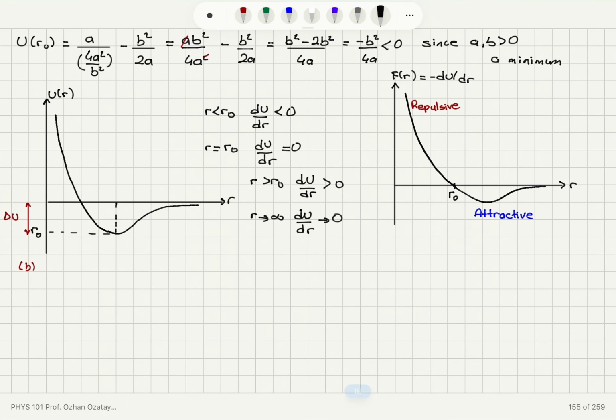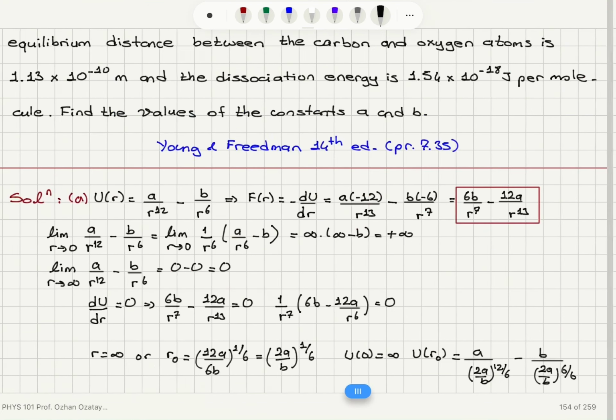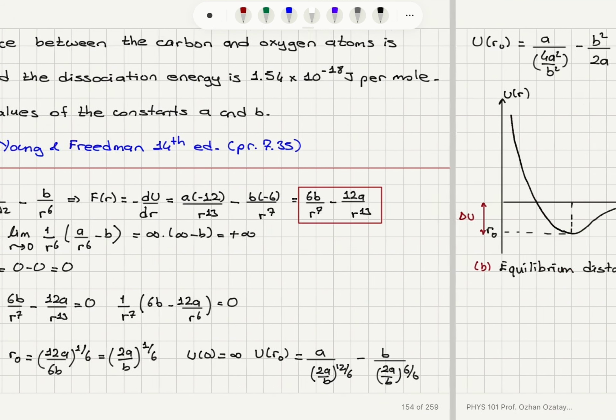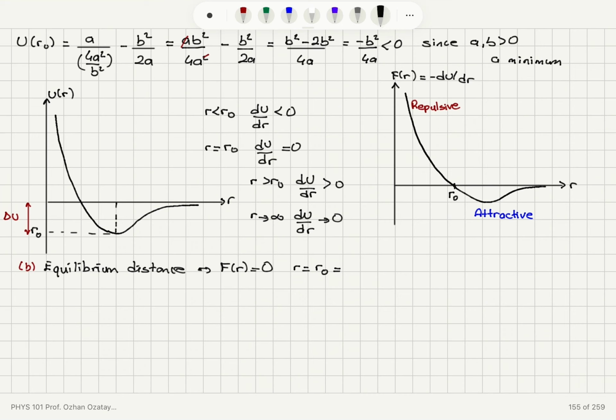All right, so the equilibrium distance between the atoms is obtained when the force between them is 0, and that is what we have found here, this value of r0, which we have found in part A. It is this value, 2a over b to the power 1 over 6.